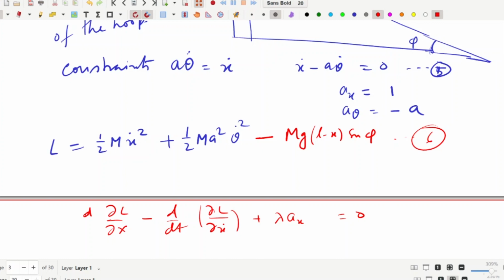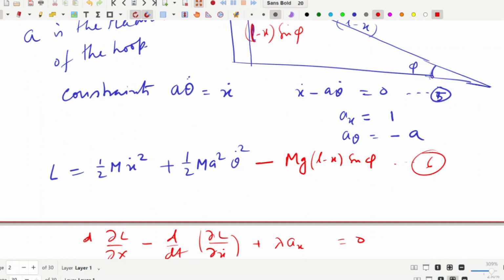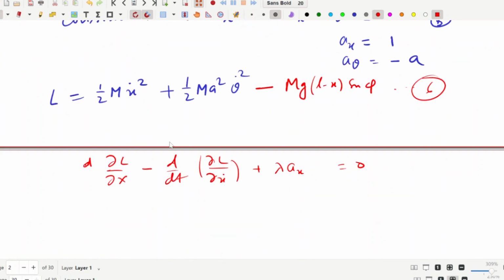If we work this out, del L del x will contribute from here, so minus minus plus, it will be mg sine phi, and then d/dt of del L del x dot will be m x dot, plus lambda times a x, which is 1, equal to 0.